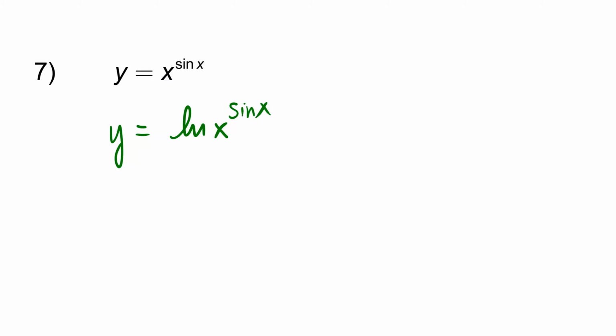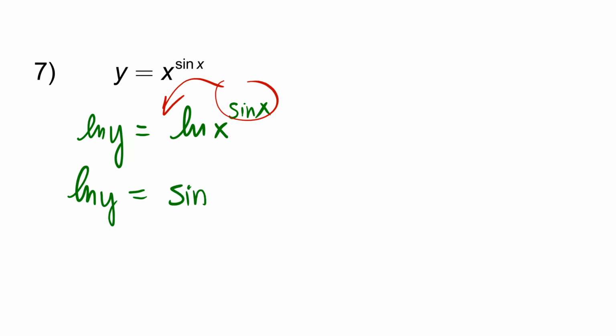Then you have to use the rules of exponents with logarithms. So ln of y equals sine x times ln x. Next step: what do you notice is happening on the right side? It's a product, so the product rule.